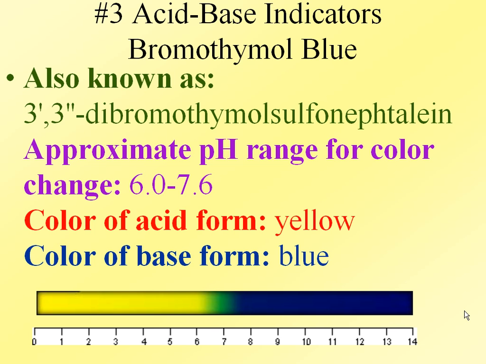So in the acid form it will be yellow, and in the base form it will be blue. And you can see the range. For neutral it would be about 7.0, and there's a range there also. You can check the scale at the bottom of the page here.